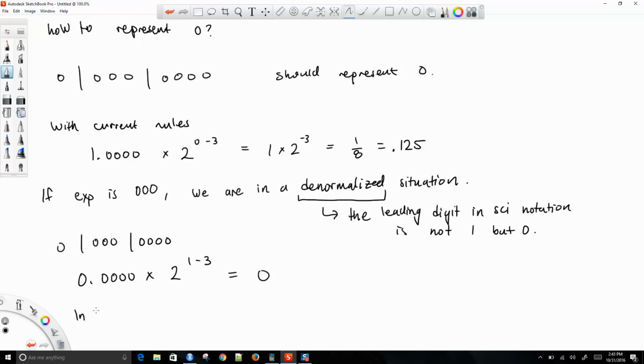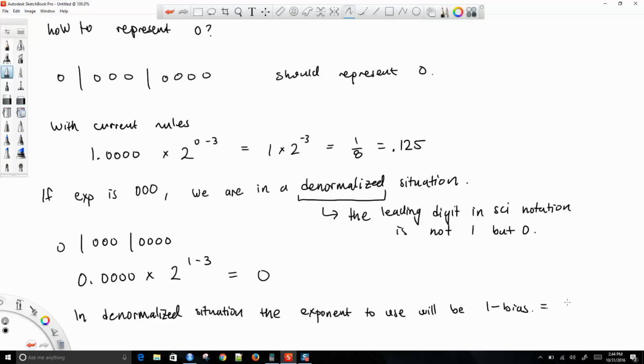In denormalized situations, if all the exponent bits are 0, the exponent to use will be 1 minus the bias.